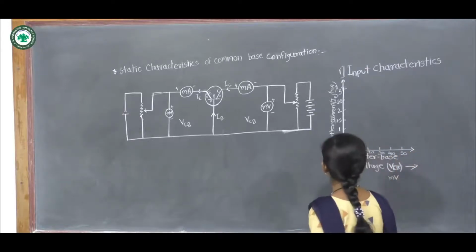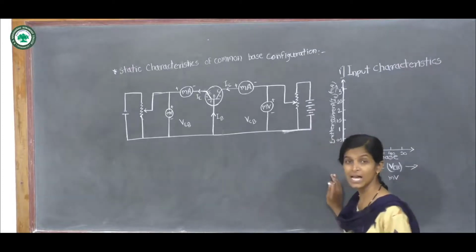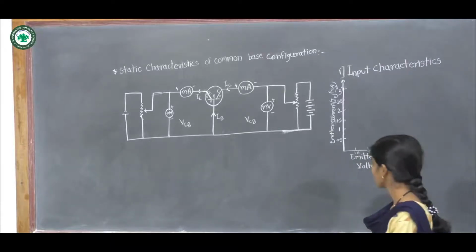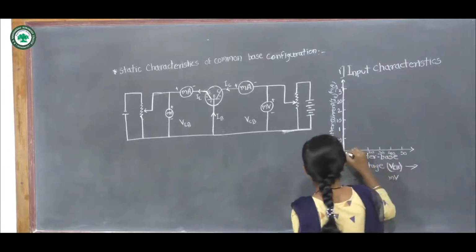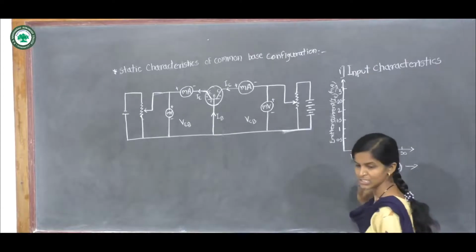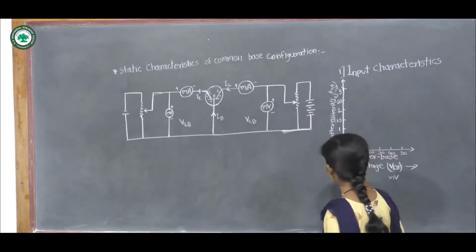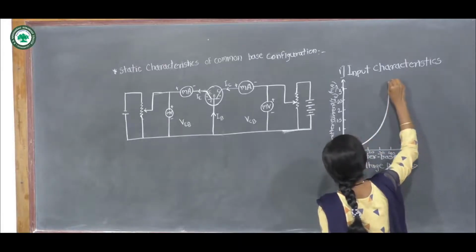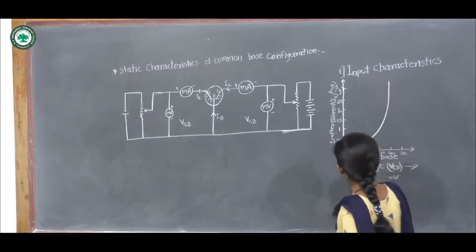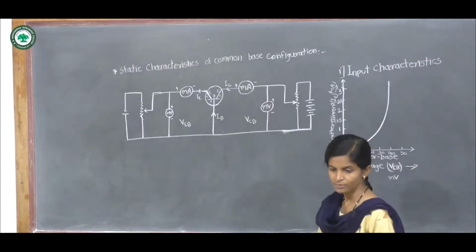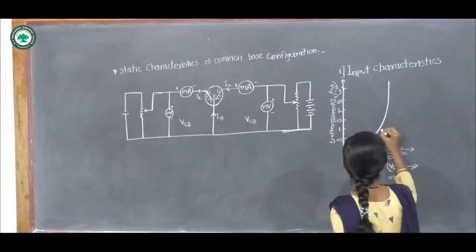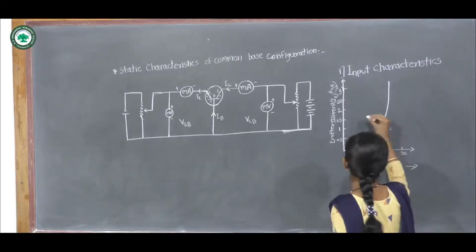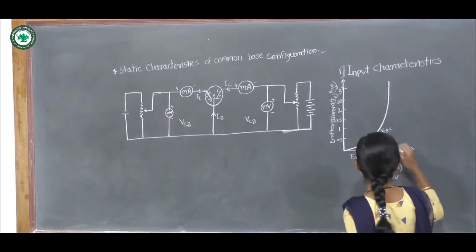In order to observe the variation in IE as a function of VEB, VCB is kept constant. Let initially VCB be 0 volt. When VCB is 0 volt, this is the variation of IE as a function of VEB.